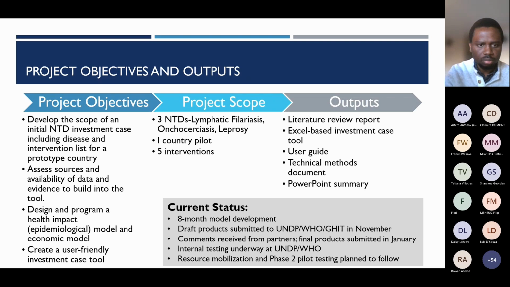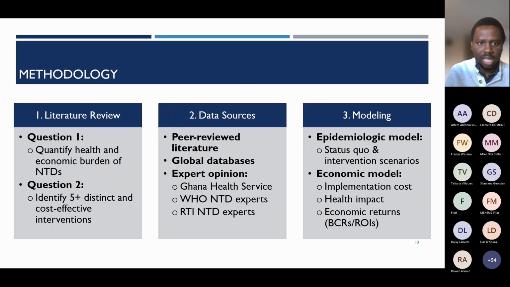Next slide, please. And so in terms of methodology, these are the steps that we walk through, similar to what others have done that has been shown on the call already. We'll start with the scoping literature review to look at the health and economic burden of NTDs, specifically in Ghana, and also to identify distinct and cost-effective interventions that we can use in the model.